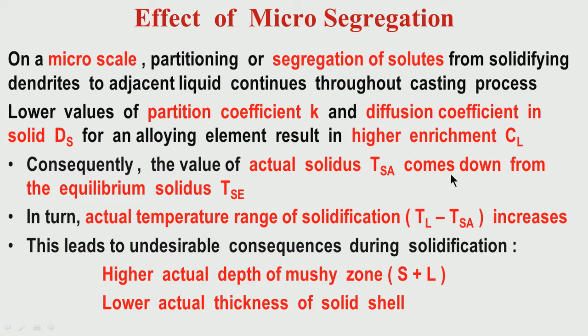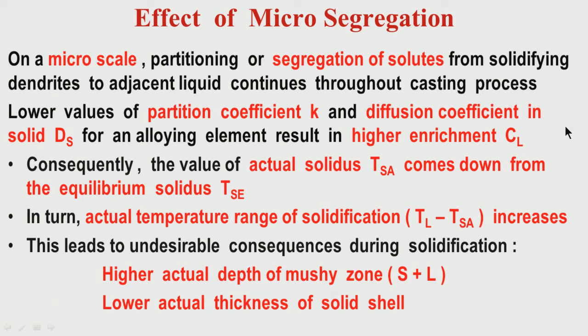So, please try to remember the two important implications. First, during solidification, segregation is taking place. On a micro scale, this partitioning of solutes is segregating from where? From the solidifying dendrite to adjacent liquid. So, this takes place throughout the solidification process.